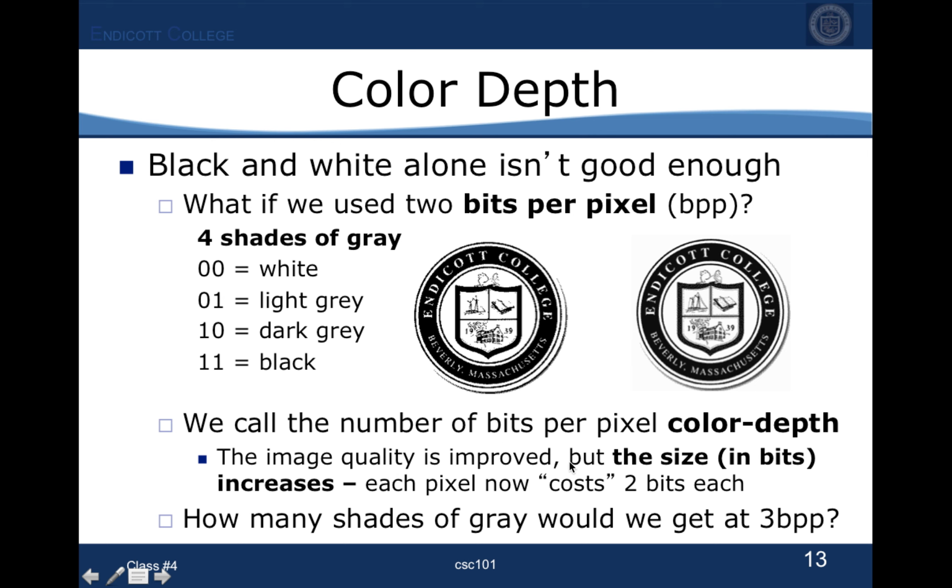And of course, higher color depth will improve the quality, but if you want more colors, you need more bits, which of course corresponds to more memory.